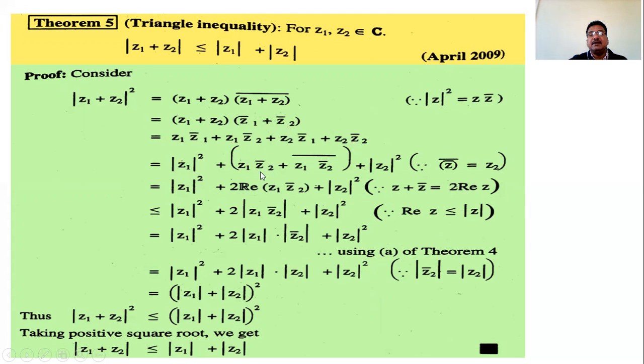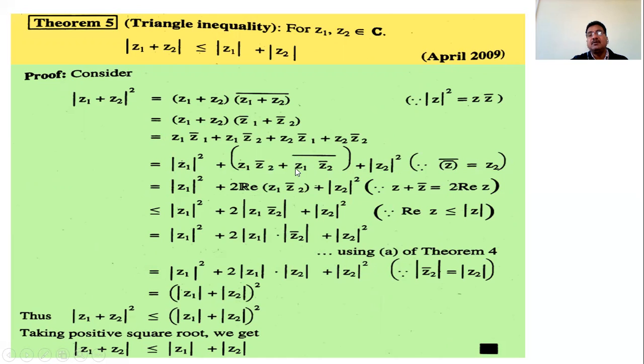Plus this is z1 into z2 bar, and we write z2 into z1 bar as z1 z2 bar, bar. What is z bar bar? It is itself z. So what is z1 into z2 bar? If you simplify this, what do we have?